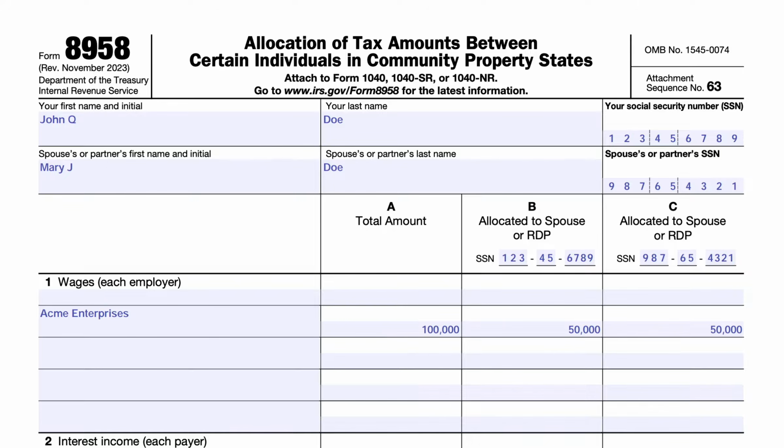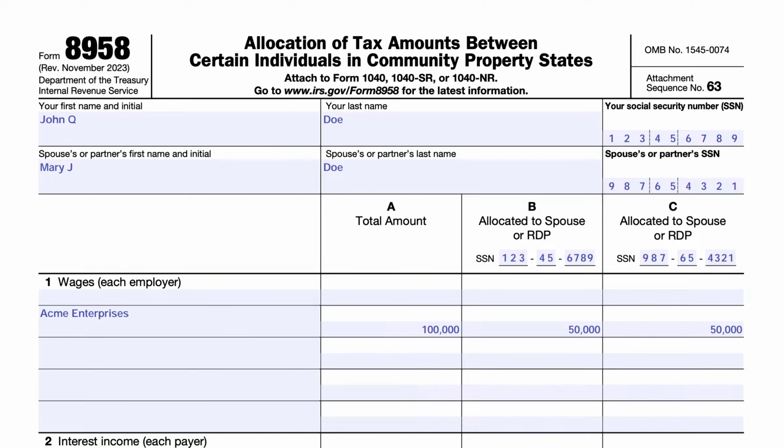So when you're filing separate returns in a community property state, you have to recognize each of the items: income, tax, deductions, credits, and you have to determine whether or not they're treated as community property, in which case they're split equally, or if they're allocated to one spouse or partner or the other.